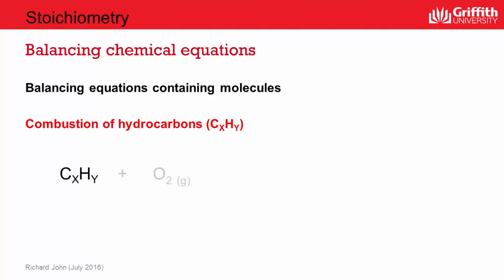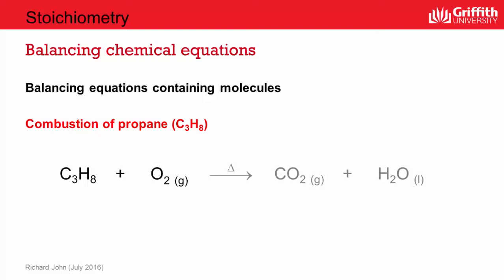Now, all hydrocarbons will combust in the presence of oxygen to produce carbon dioxide and water. So if we choose a particular hydrocarbon, propane, C3H8, we can write down an unbalanced equation for the combustion of propane. Propane, C3H8, reacts with oxygen to produce carbon dioxide and water.